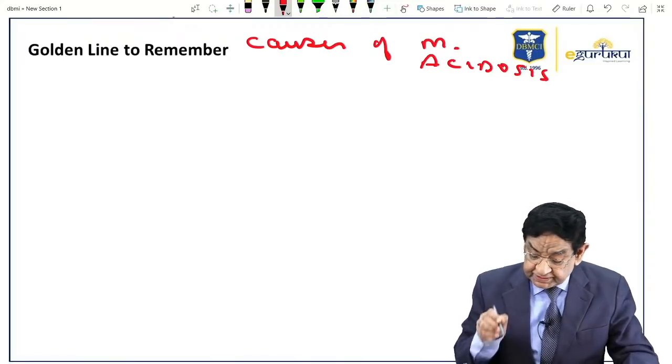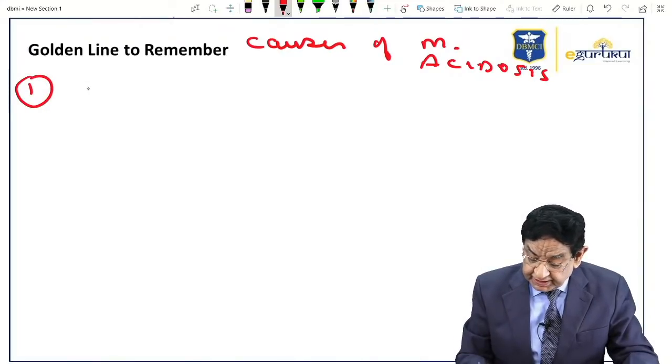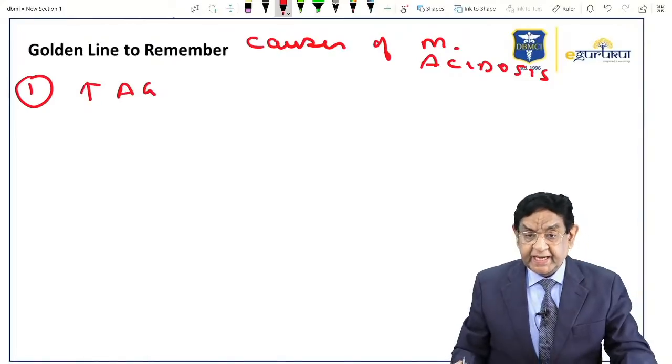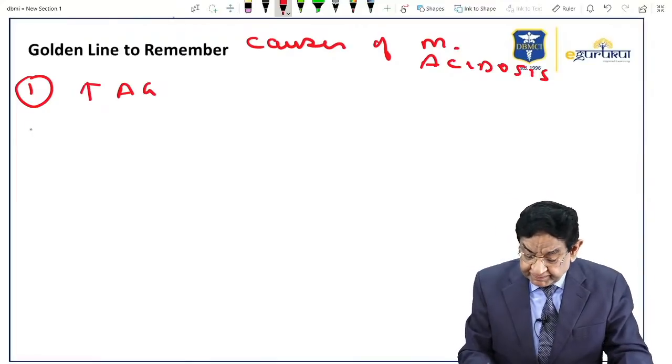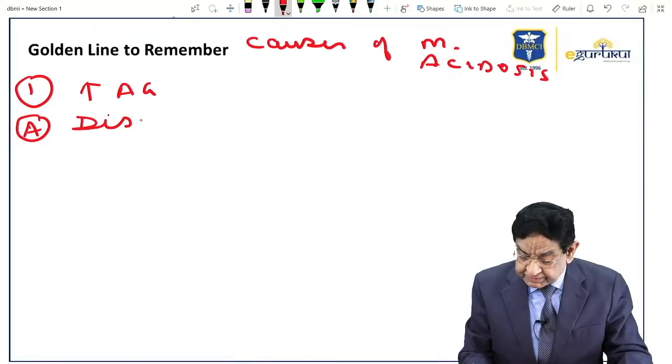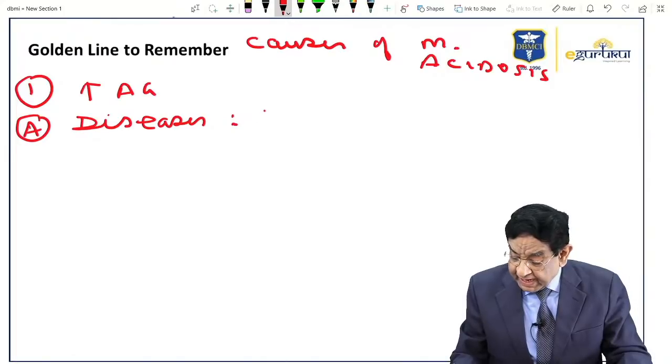The first is increased anion gap. Arrow upward means increase. AG stands for anion gap. Here, certain diseases like diabetic ketoacidosis.